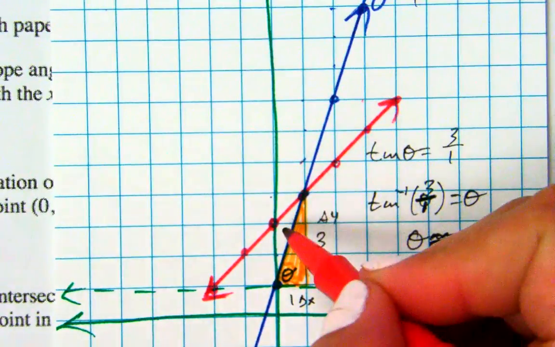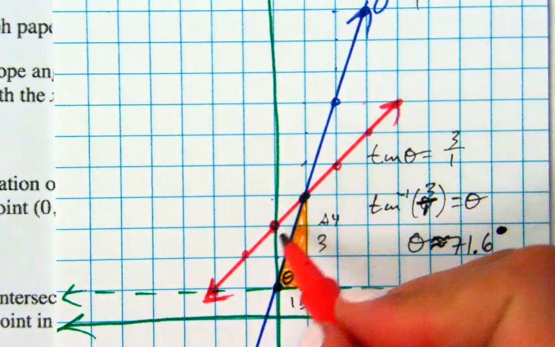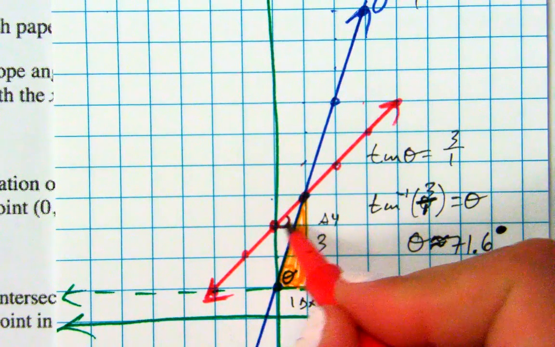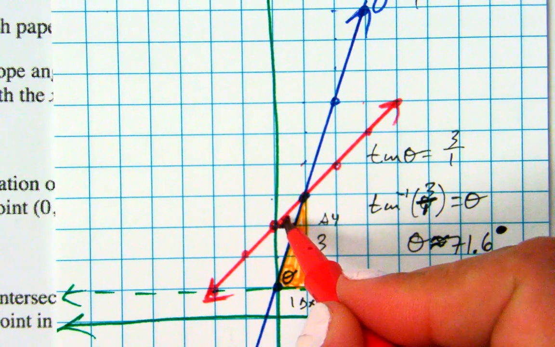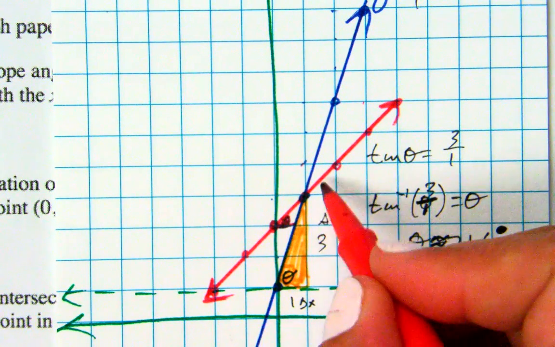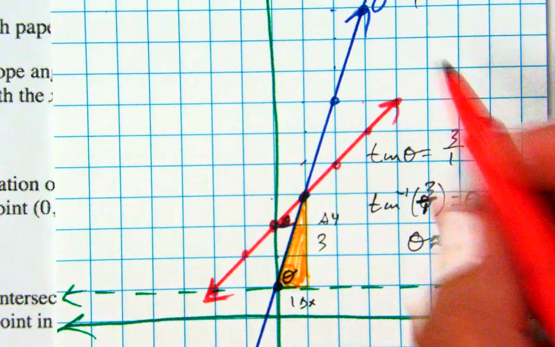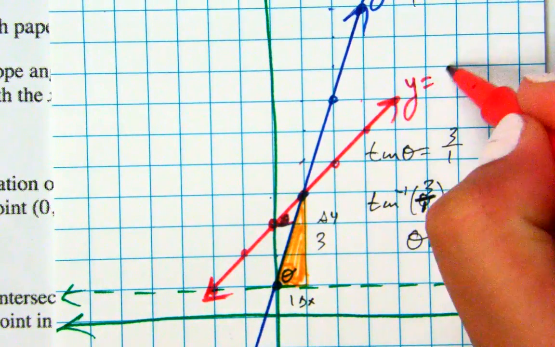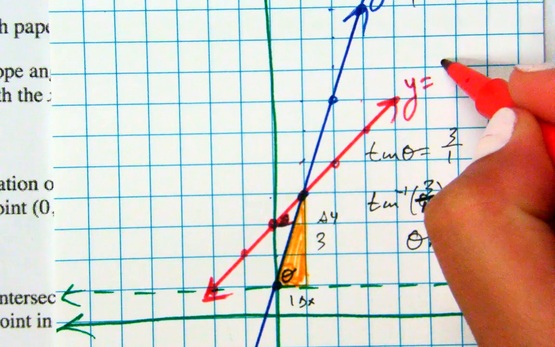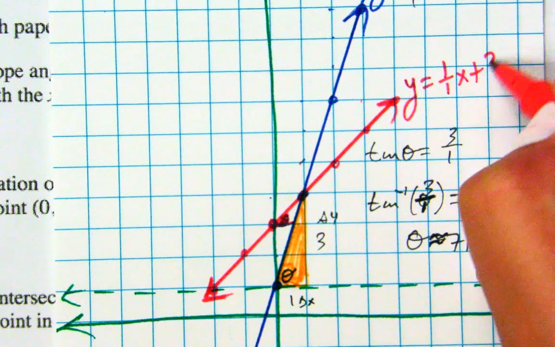Okay. It has a 45 degree angle right in this angle in here. And your slope is going to be 1 over 1 every single time. And that is the line y equals 1 over 1 x plus 3.